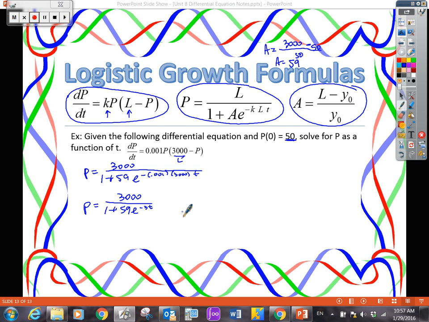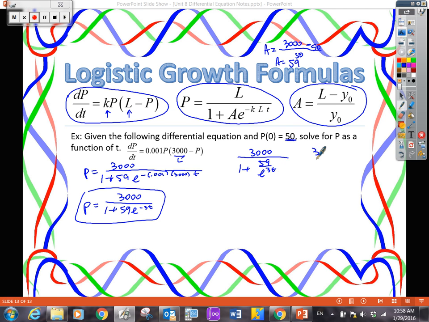Now this formula looks different from the formula that we did on the previous page, but it is exactly the same. So I'm going to do just a little bit of algebra to show you that it is the same formula. Doesn't matter to me which format you use. What we would do to make this look like the one on the other page is a little bit of algebra. So this is e to the 3t. I would find a common denominator here.